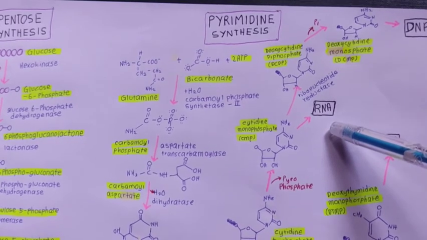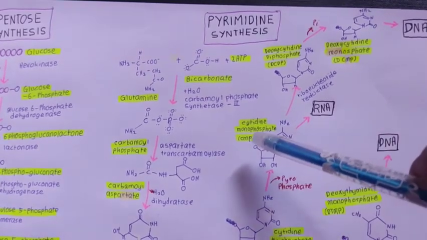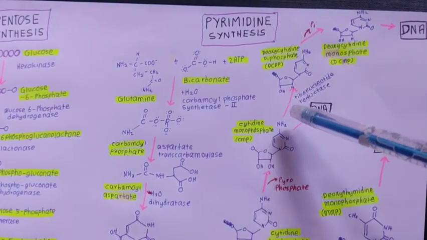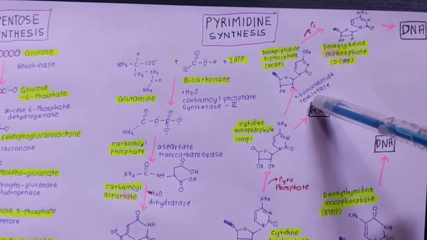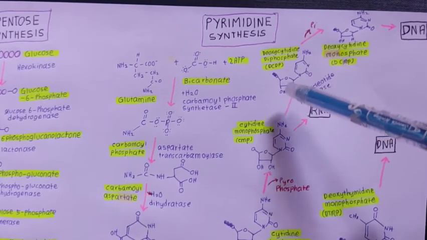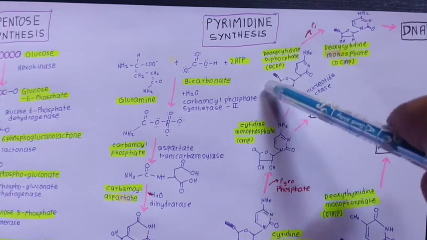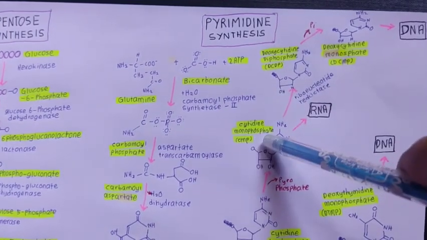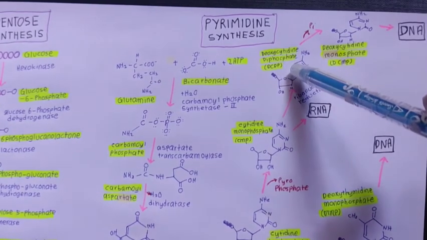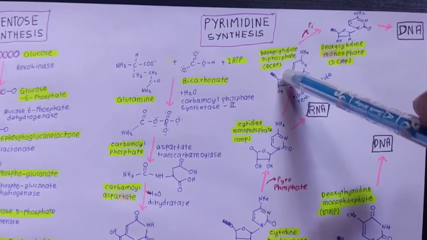So how can we convert this CMP into DNA? We need to use the enzyme ribonucleotide reductase. This enzyme can add a phosphate group here and convert this cytidine monophosphate CMP into deoxycytidine diphosphate.